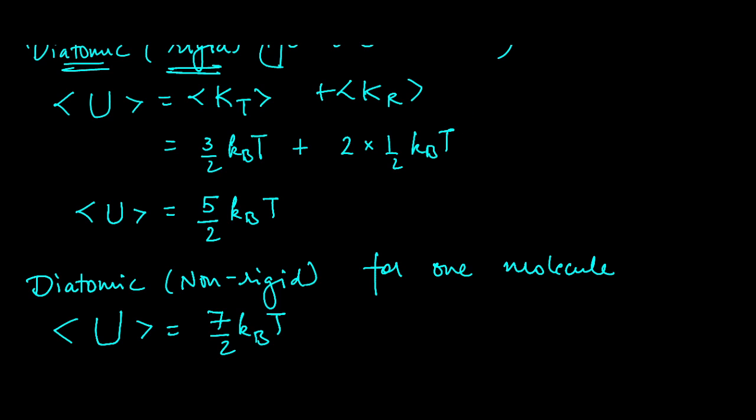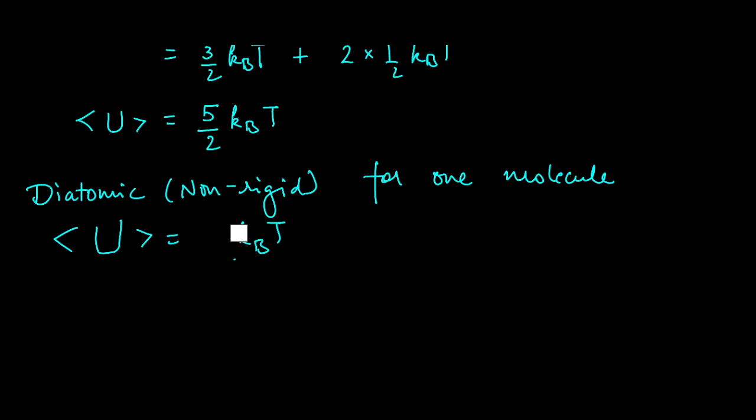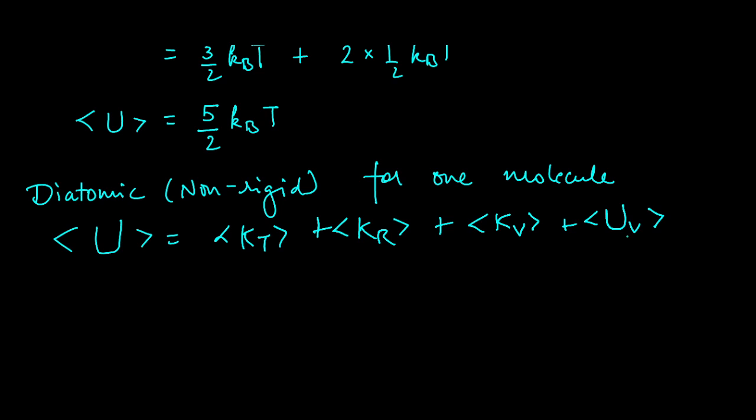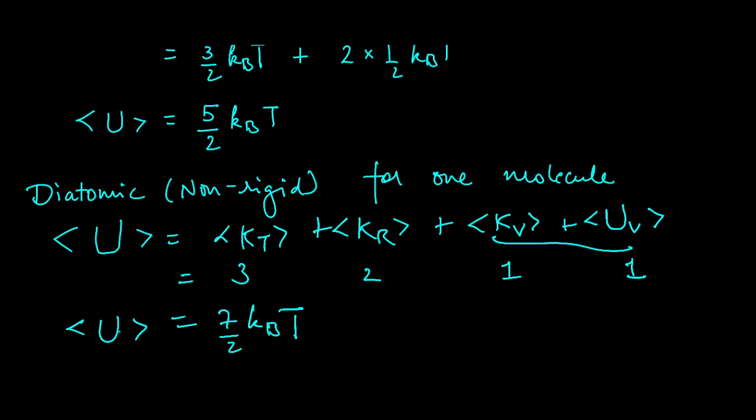Why 7/2? You can explain it in different ways. One way is thinking of it like this: translation, rotation, and plus, then there is energy for vibration. So kinetic energy for vibration and potential energy for vibration. So this is 3, this is 2, this is 1 and 1. For vibration there are 2 total. So ultimately this would become 7/2 kBT. Okay, understood this?